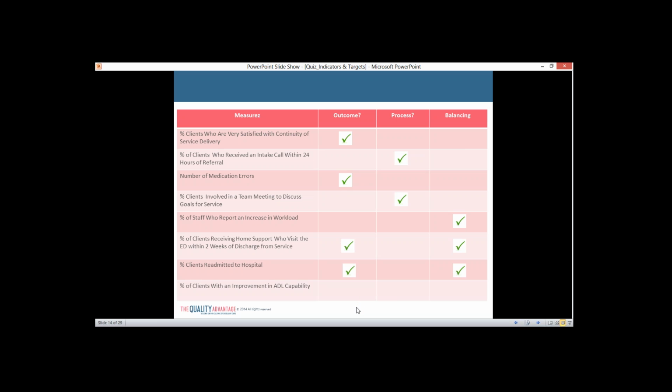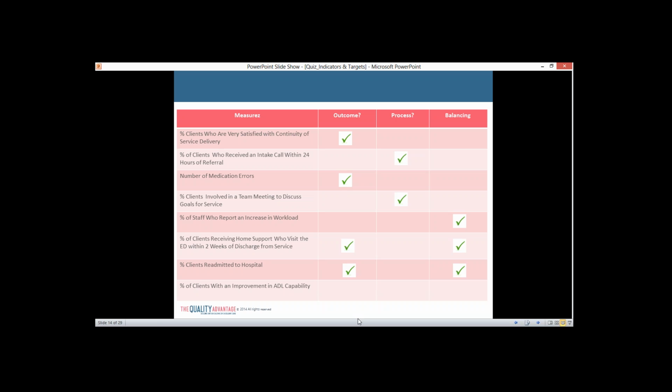It could be a balancing measure if it's the unintended consequence of something, but by the same token, we could be trying to decrease readmissions to hospital by, for example, having people go to any variety of community programs, along with the hospital and primary care trying to do a number of things to try to prevent readmission. So this would likely be one of those indicators that would fall within the integrated domain on a scorecard, and it depends on the context and the details of a project whether or not this would be classified as outcome or balancing.